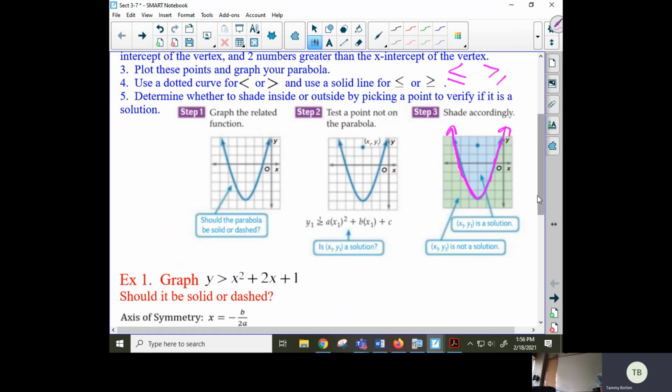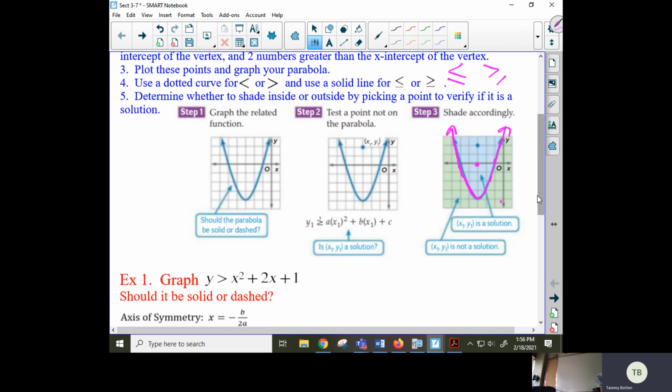Now, in the first section, we just graphed that parabola. But today, it's an inequality. And so what we're going to be looking for is what points solve that inequality. When it's a parabola, it's either going to be a point inside or a point outside that we're going to check. Say we picked this point, -3,0, in the inequality, and we checked it, and it worked.